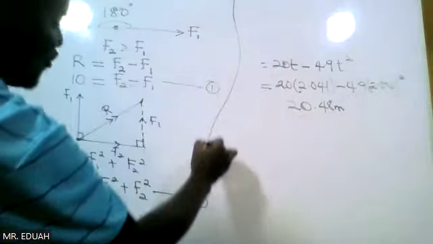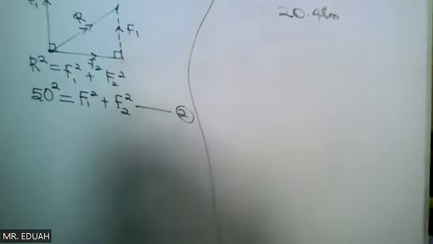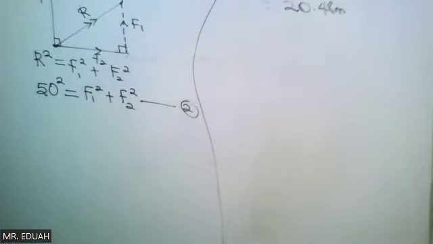We are given two different situations: when the two forces are acting oppositely to one another and when they are acting perpendicularly to one another. So these are the two equations which must be solved simultaneously. Please, are you okay? Are we okay?